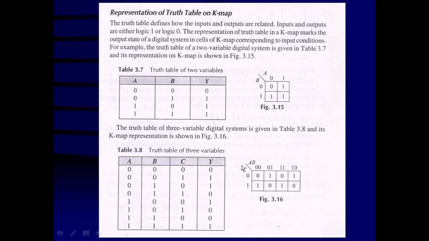So for the 3 variable Karnaugh map, AB is going to be 00, 01, 11, 10 combinations, and for the variable C, 0 is followed by 1. This is the location 0.